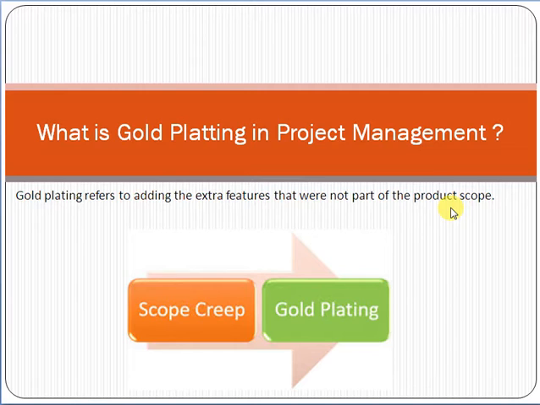Most people on the vendor side think: five modules were agreed, we have to give five modules to the customer, but your software developer thinks that if we can give one or two more functionalities, it will improve the product, and he or she can provide it without approval from the customer.